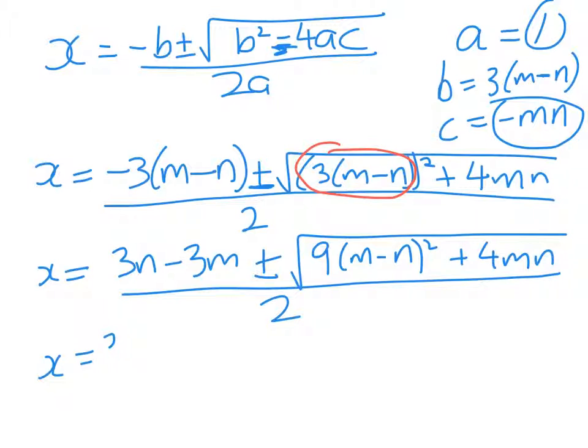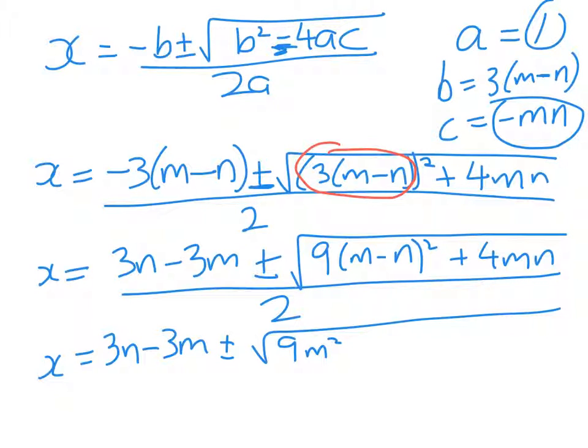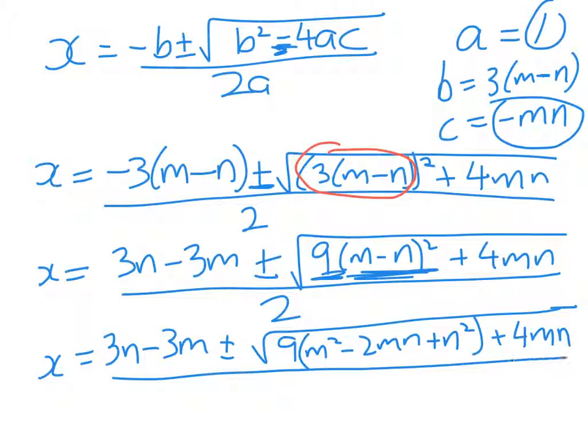So x is equal to 3n minus 3m plus or minus the square root of 9m squared minus 2mn. Those of you who are very confident can probably do the expanding and multiplying through by 9 in one go. But I know some people watching this will need to go slowly with these steps. So we're up to there. We've got a couple more lines to go.